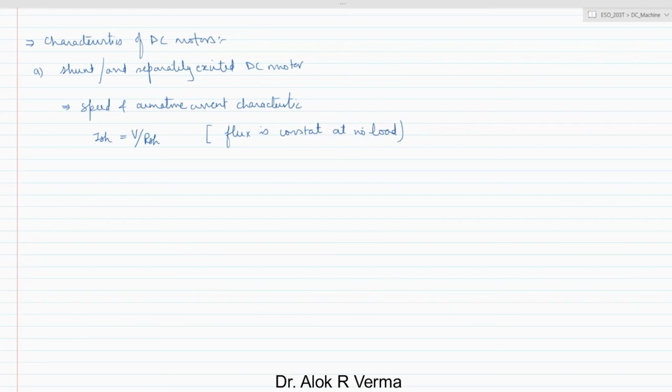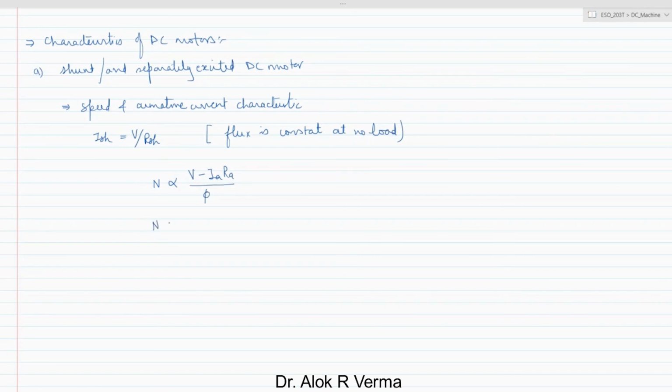Flux decreases slightly due to the armature reaction, but if the effect of armature reaction is neglected, then the flux will remain the same. So we can write that the speed will be proportional to E by phi, and E is nothing but V minus IA RA, by phi.